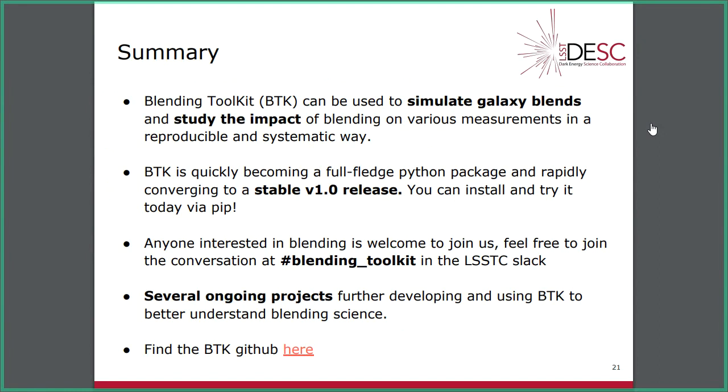We'll be happy to have you and hear your ideas or your thoughts of what you're interested in doing with BTK. And finally, there are several ongoing projects characterizing blending biases using BTK. And if you are more interested, you can look at our GitHub that I linked there. Thanks for your attention. I'll take any questions in the minute that I have left.